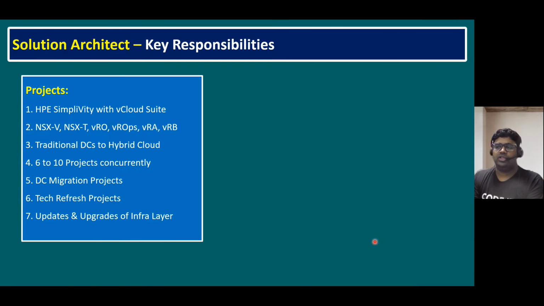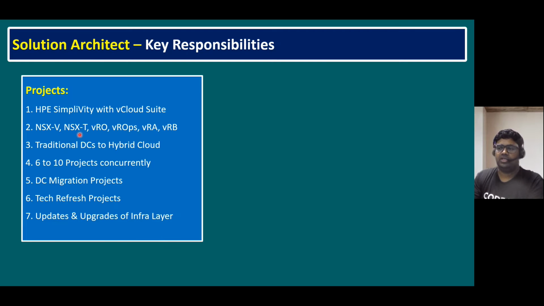Now, another key point is projects. Before attending the solution architect interview, you should be ready. Whatever projects you did previously, minimally 5 to 10 projects, keep them in your mind, and be prepared so you can explain them easily in the interview.